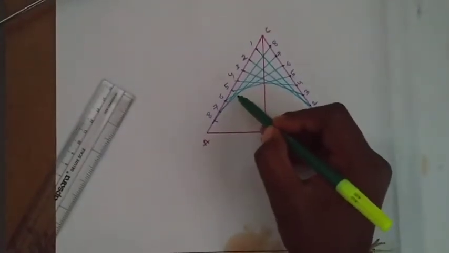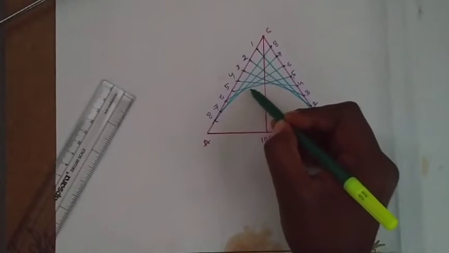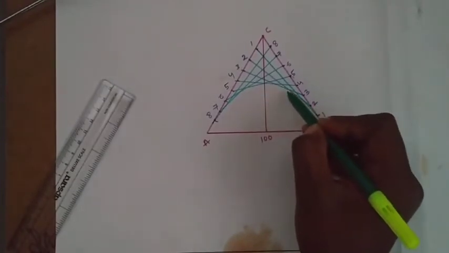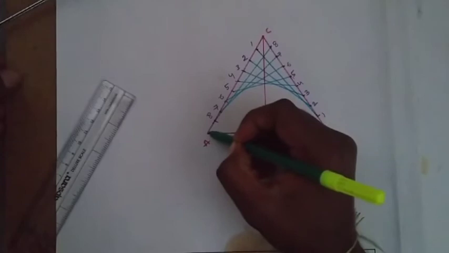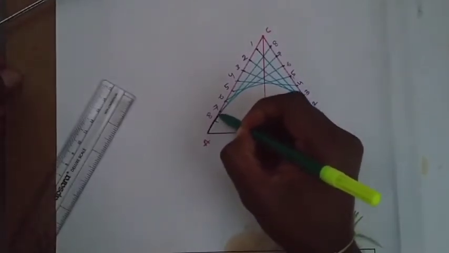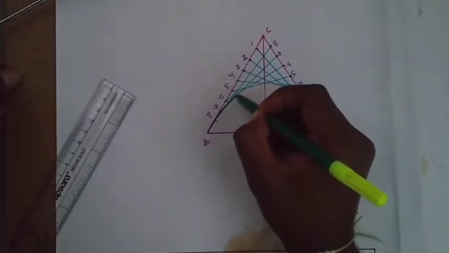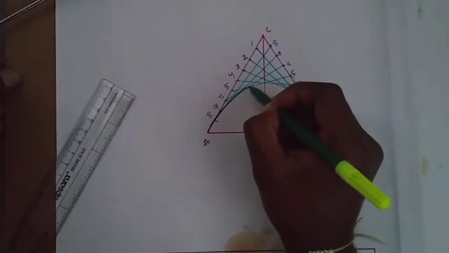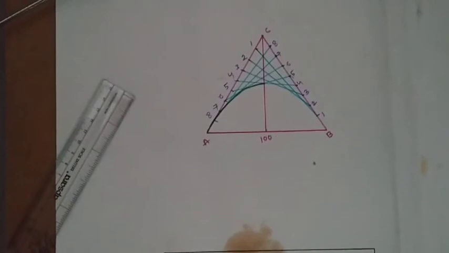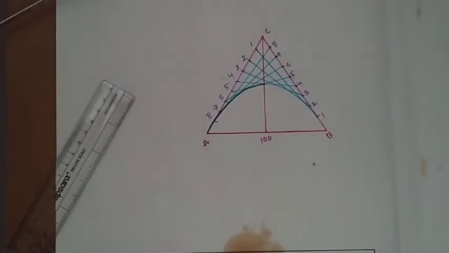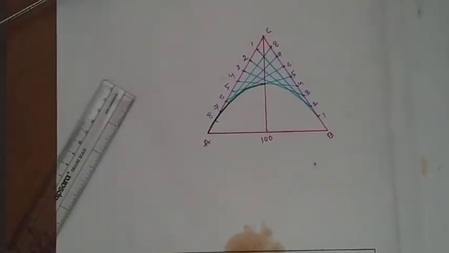The intersection points of these lines, 1 1, 2 2, and 3 3, are nothing but the tangent points of the parabola. From A, draw a curve through these intersection points.